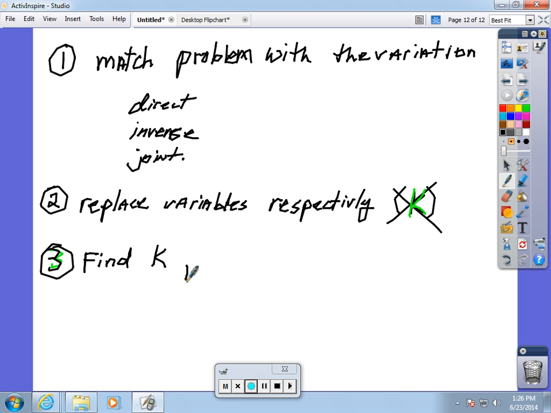Well, they're going to give you values to find K. And it'll say y varies directly as W. Find K when y is 6 and W is 2. It's going to say something like that.